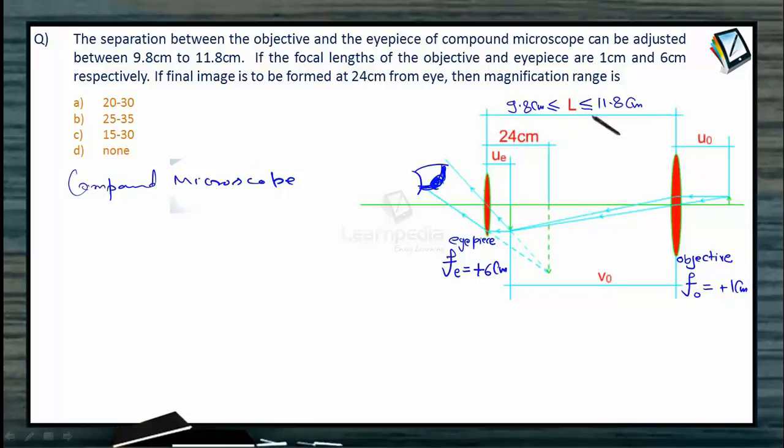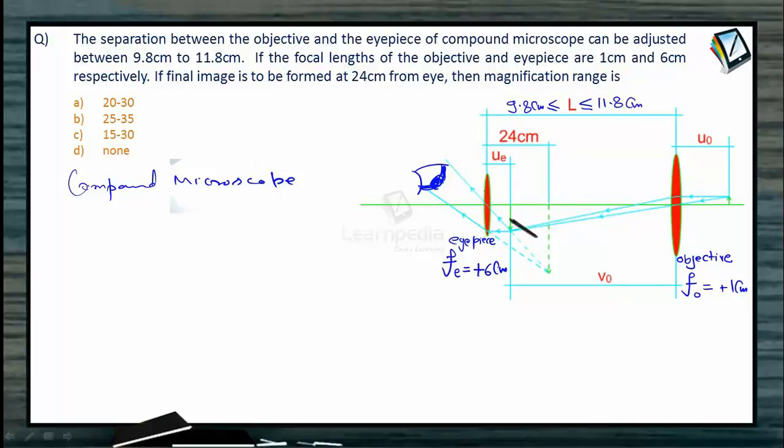For any length L here, how is the compound microscope going to work? We set an object at a certain distance from the objective. U0 here is the distance of the object from the objective lens, and then its real image is formed.